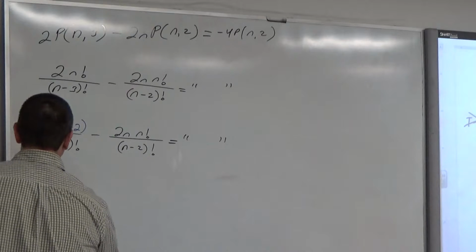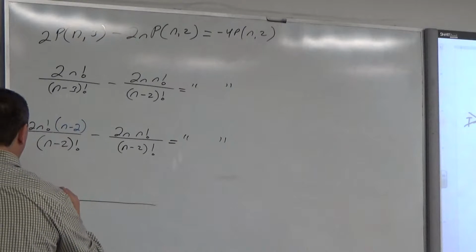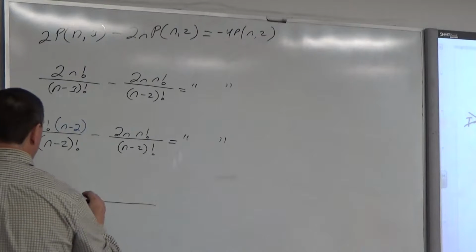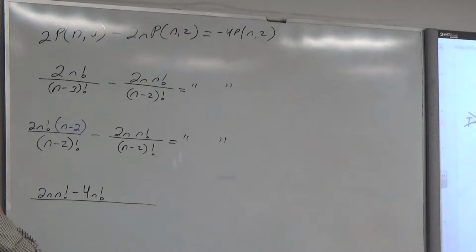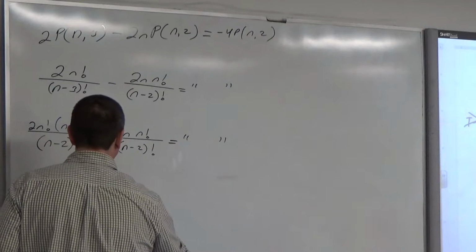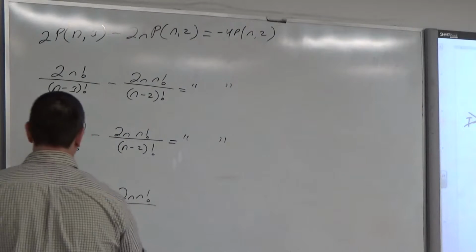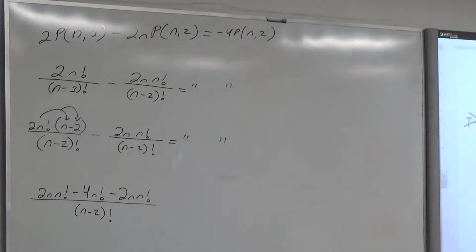So by distributing and putting them all in the numerator, 2n fact, okay? So that we will get 2n n fact minus 4n fact, minus 2n n fact. Okay, so all we did there was distribute the 2n fact to those two.